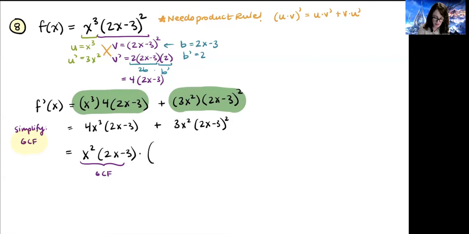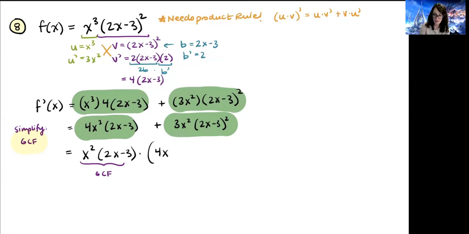Now to figure out what's left over, from each of the green pieces here, well, we didn't take out a 4, right? So that's going to be what's left over, at least here. We took out x squared from the x cubed, so it'll be an x to the first left over. And we took out 2x minus 3 to the first.